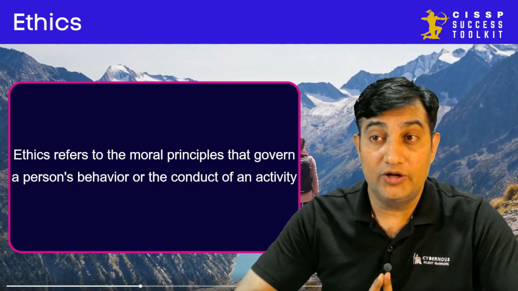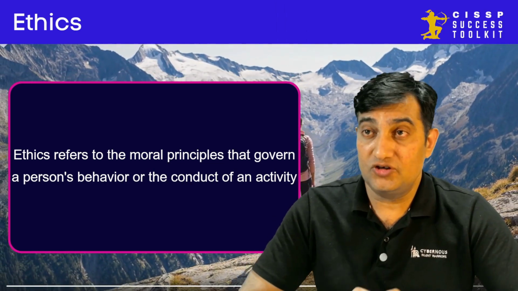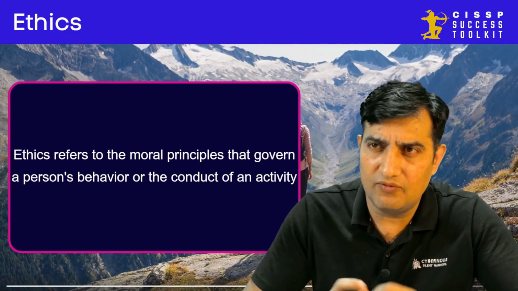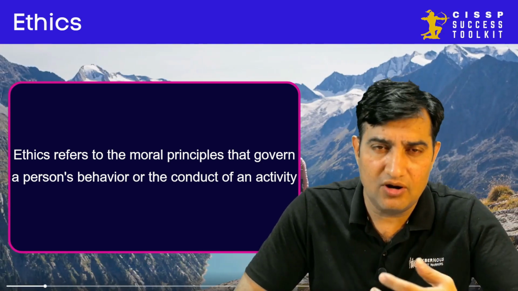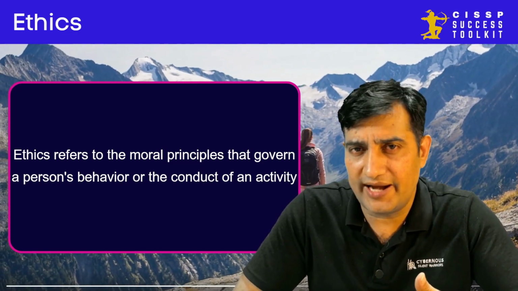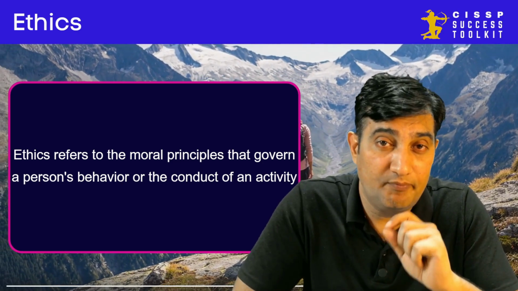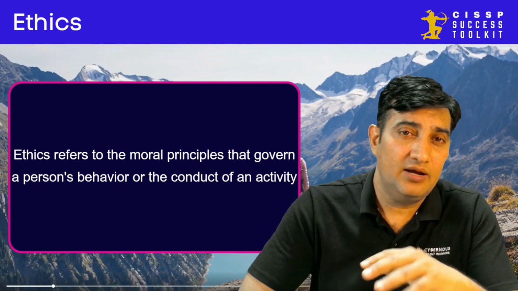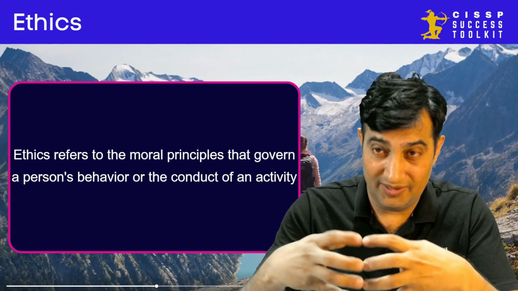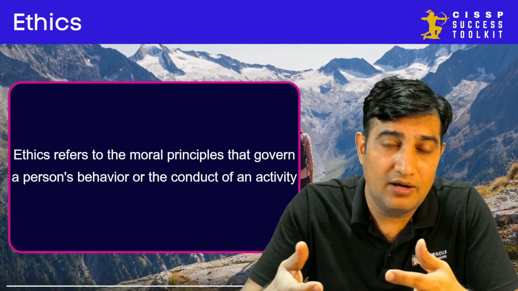First thing, we need to understand what is ethics. Ethics basically refers to the moral values that govern a person's behavior, perspective or conduct for a particular activity. Ethics is very much impacted by somebody's culture, the environment or past experiences as well.